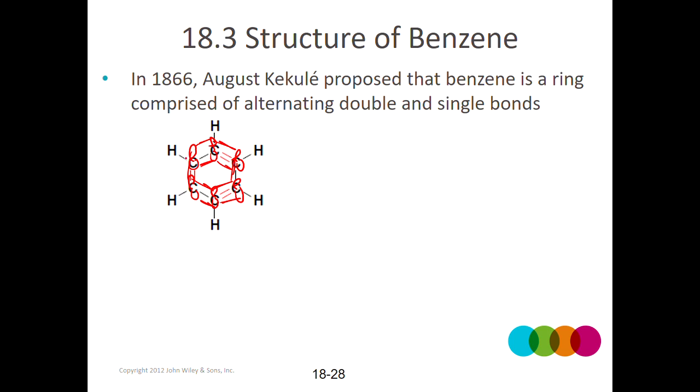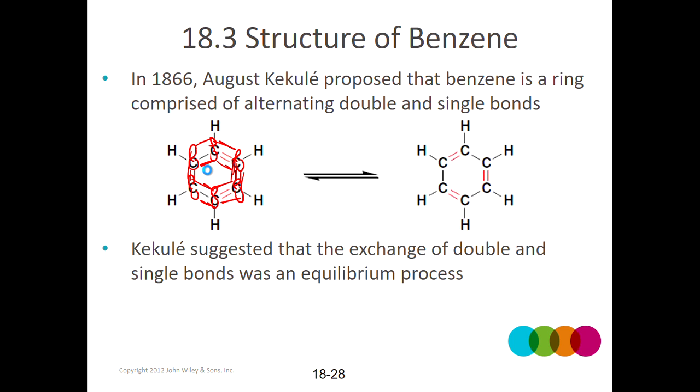And so that creates the opportunity for molecular orbitals as a result from that overlap. So the first person to propose this idea of the structure of benzene being a 6-membered ring with alternating double and single bonds was Auguste Kekule, and his idea was incorrect.